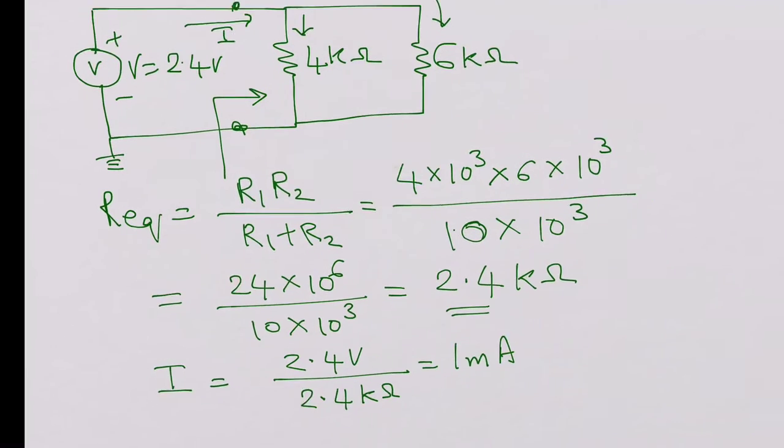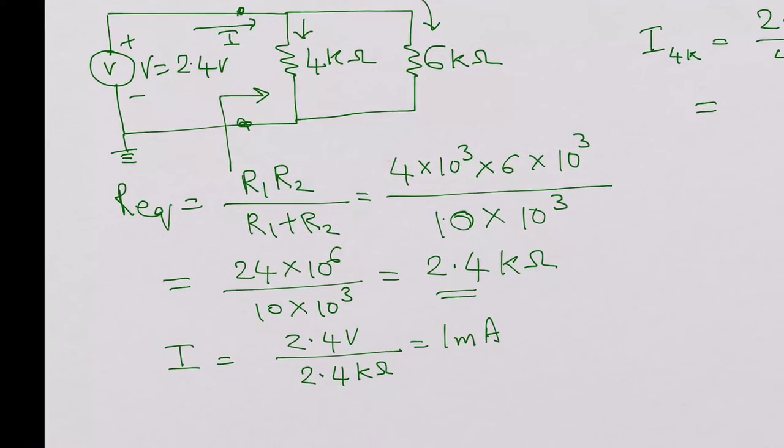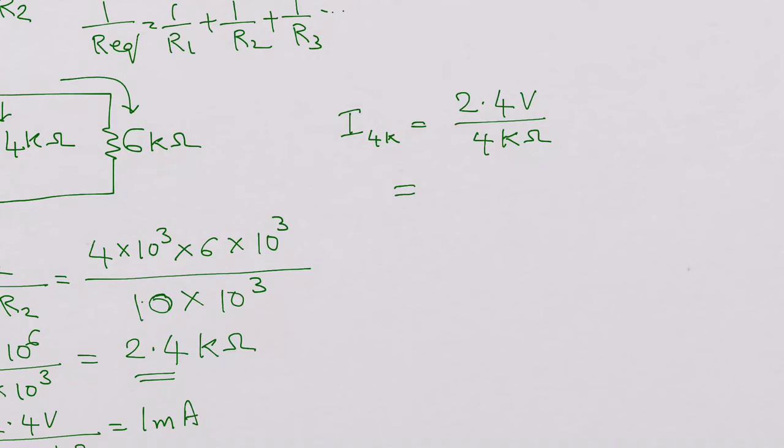You could just write the I of the 4K is 2.4 volts divided by 4 kilo ohms, that would be 600 microamps, or 0.6 milliamps.